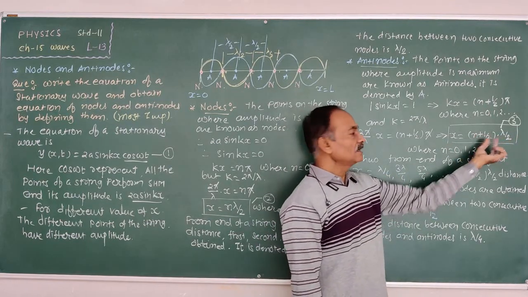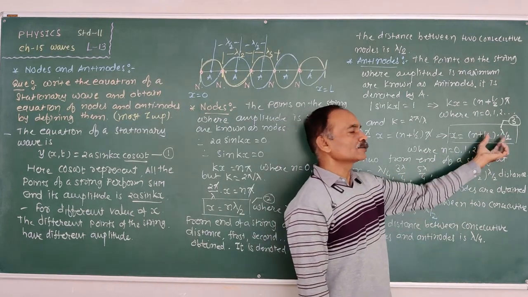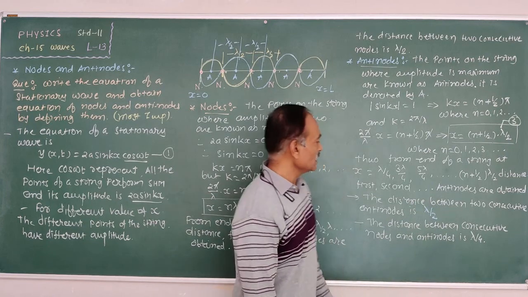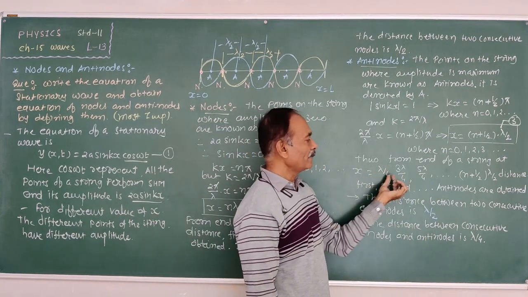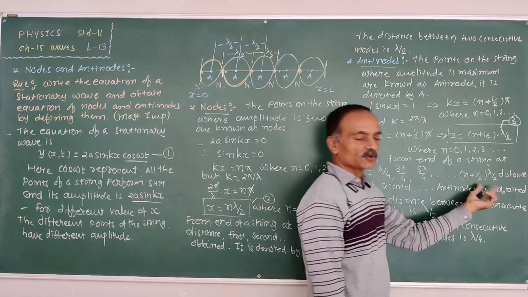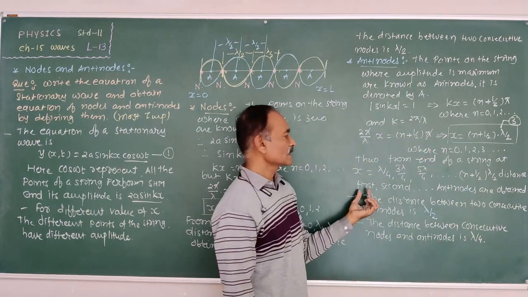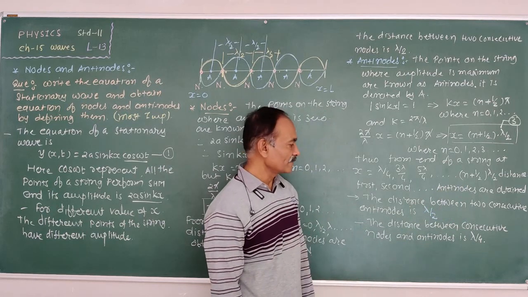For n is equal to 1, the second antinode is obtained at 3 lambda by 4. For n is equal to 2, the third antinode is obtained at 5 lambda by 4. Thus, from the end of the string at x is equal to lambda by 4, 3 lambda by 4, 5 lambda by 4, and so on, at (n plus 1 by 2) into lambda by 2 distance, the first, second, and so on, antinodes are obtained.